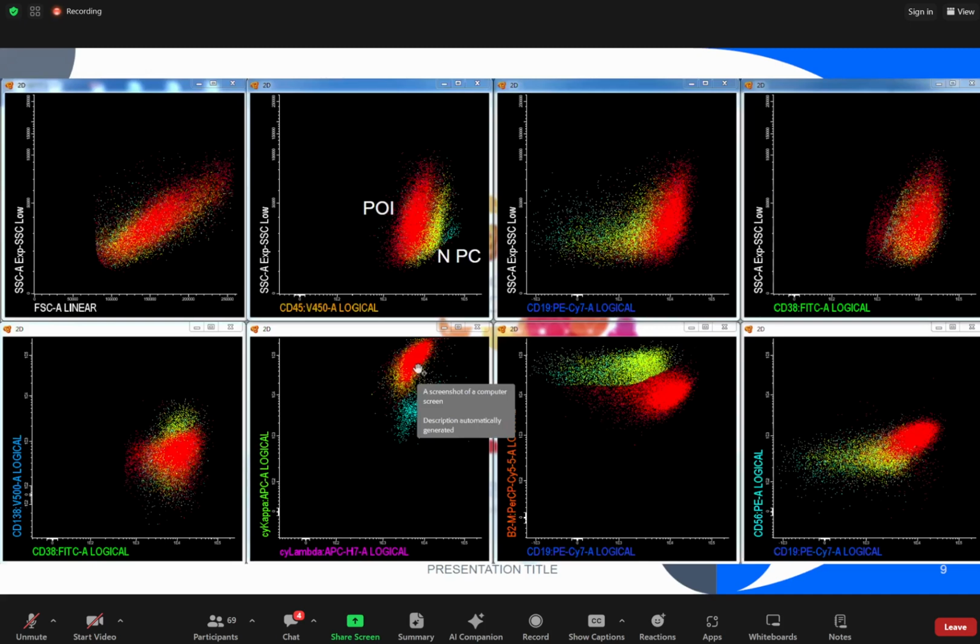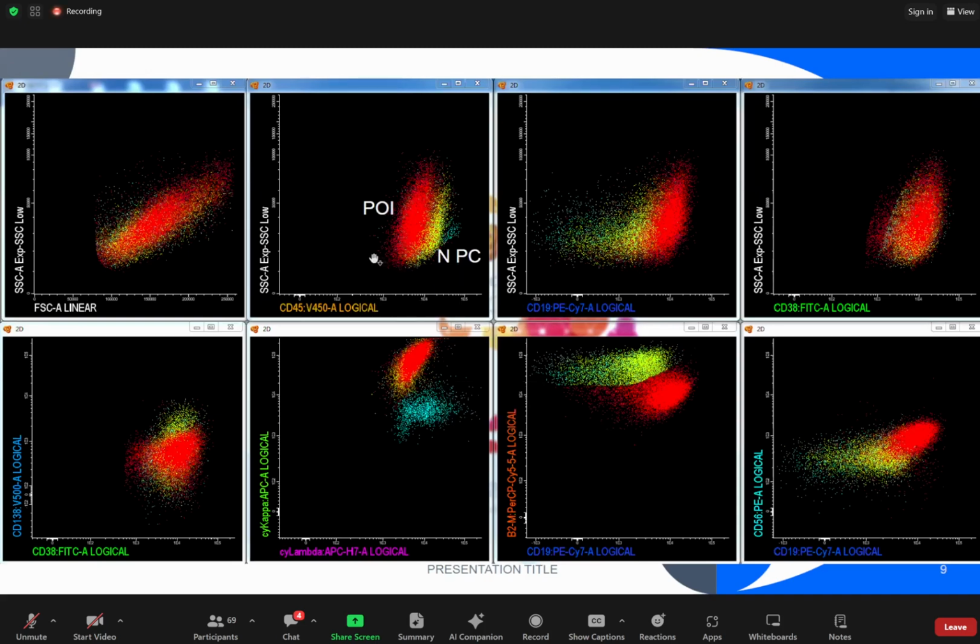And this plasma cell actually has the kappa light chain restriction compared to the normal plasma cells. And they are slightly CD56 dim positive. So now we have an abnormal plasma cell that expresses kappa light chain restriction.